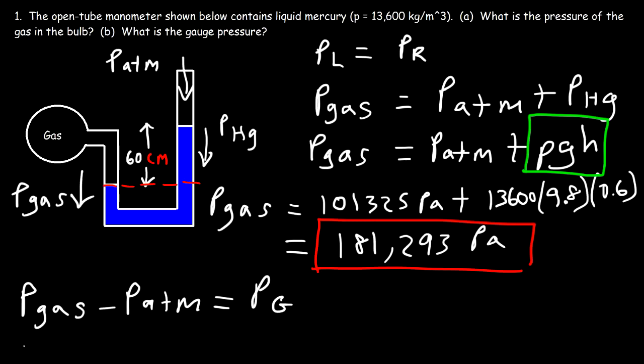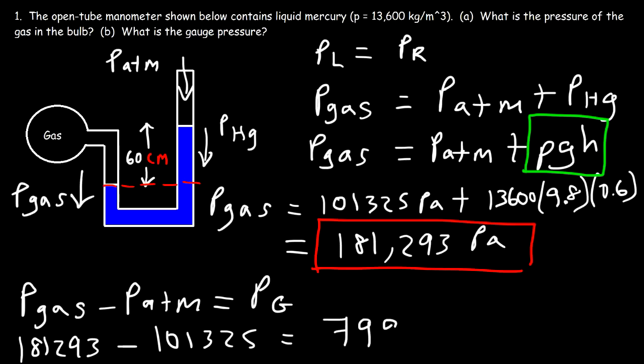So if we subtract 181,293 pascals minus 101,325, that's going to be 79,968 pascals. So that's the gauge pressure in this example. It's the pressure that is above the atmospheric pressure.